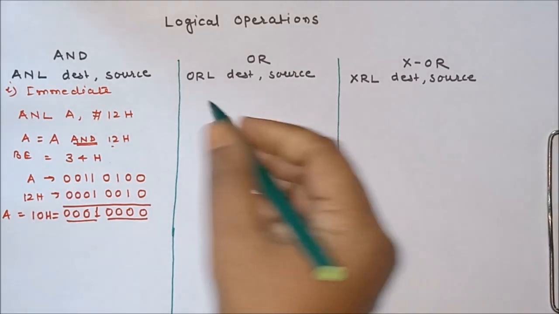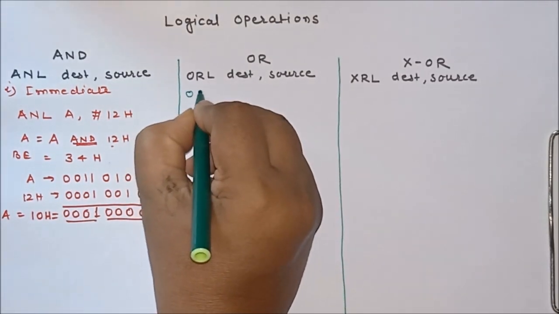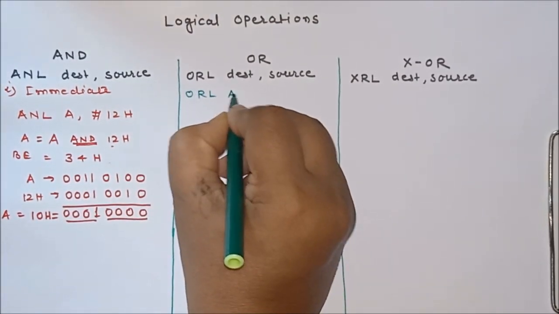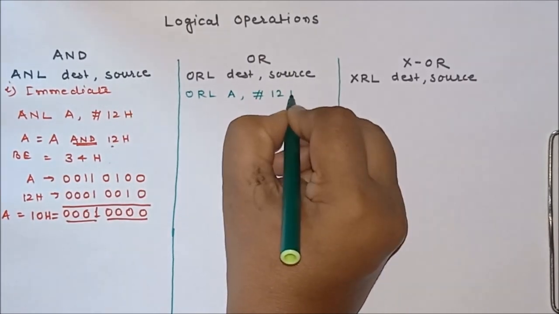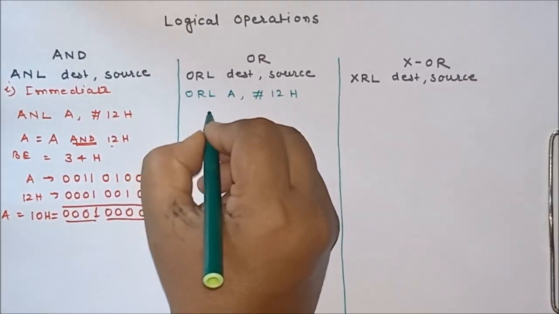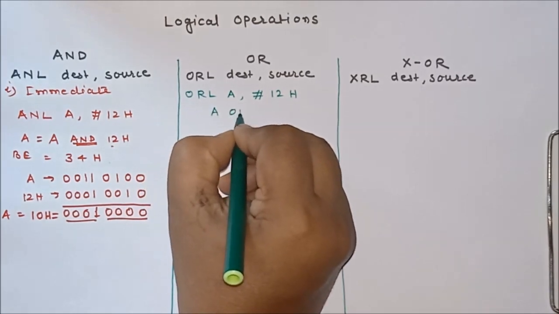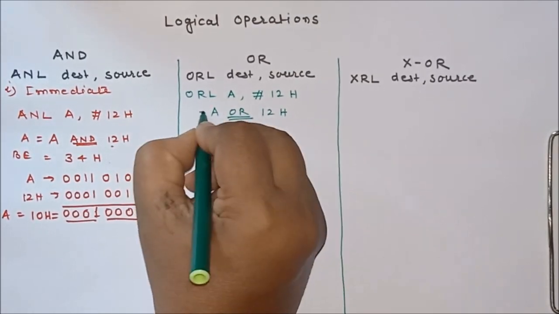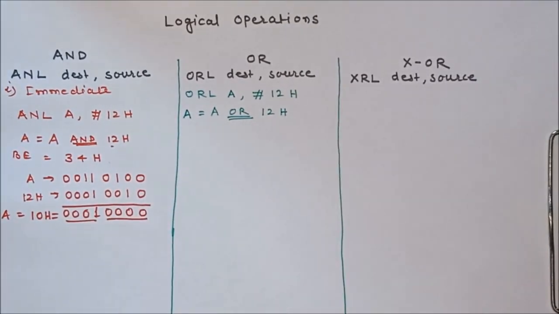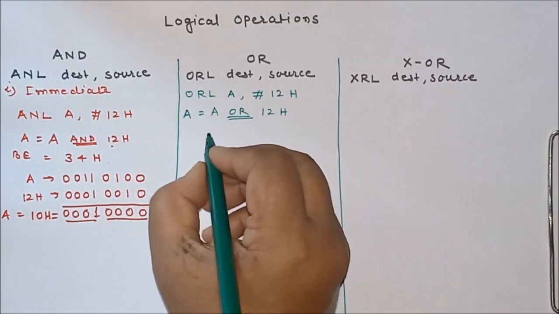The OR operation for immediate addressing mode is ORL, destination is the accumulator, and I'll consider the same number, 12H. It will perform the OR operation on the accumulator and the immediate number 12H, and the result will be stored back in the accumulator.